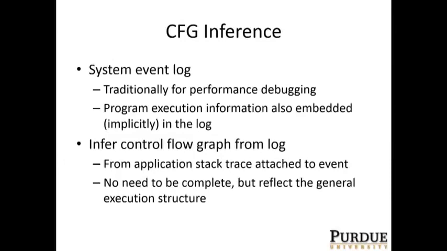Here, we mainly leverage the application stack trace attached to each event to infer the control flow graph. As the event is predefined when triggering logging, the call stack trace may not be complete, and may not include each instruction and basic block for the control flow graph. But it is fine to reflect the general execution structure of the program.